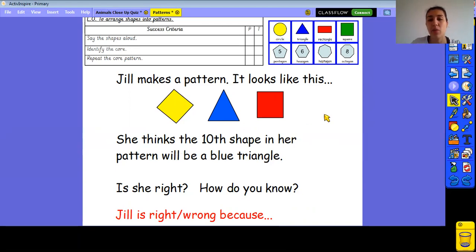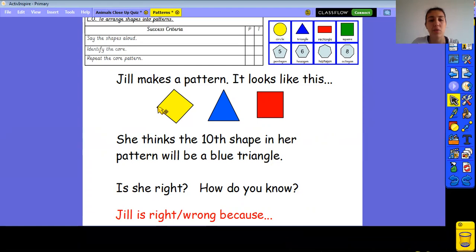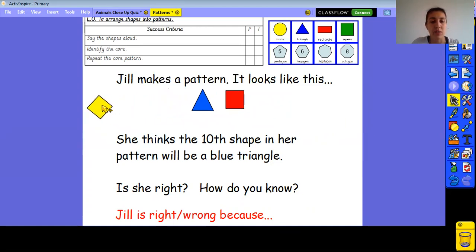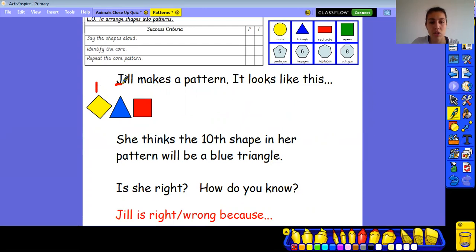What we need to do is repeat this core until I get to my 10th shape in that pattern. So we'll shrink these down and move them over here. Tilted square, triangle, square. So I've got number 1, 2, and 3 in my pattern.